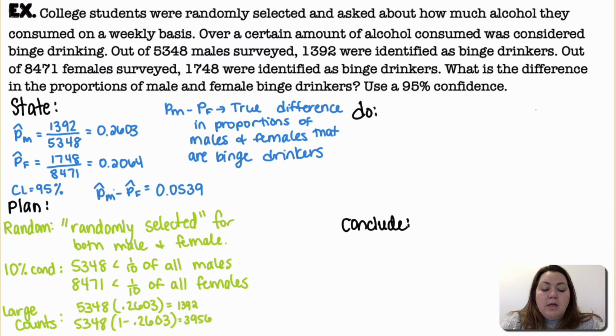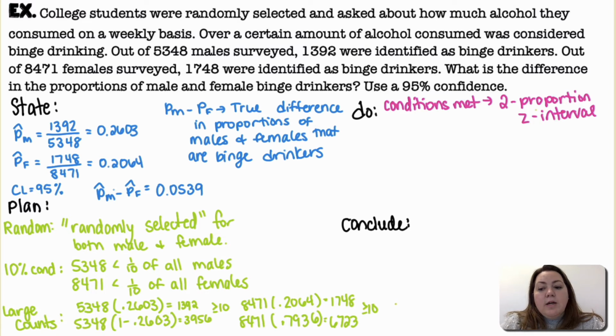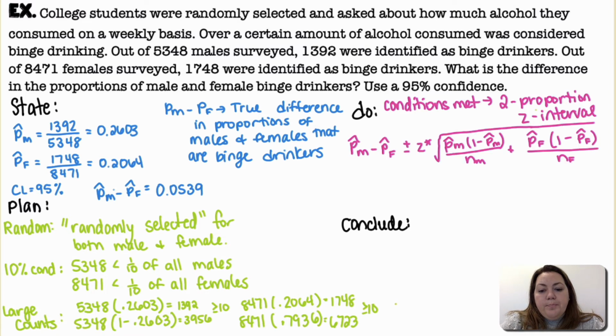Large counts: I'm going to do for males n times p hat, and then n times 1 minus p hat. And then for females, I'm going to do that n times p hat and n times 1 minus p hat. That gives me all values that are greater than or equal to 10. So my conditions are met, and I can do a two proportion z interval.